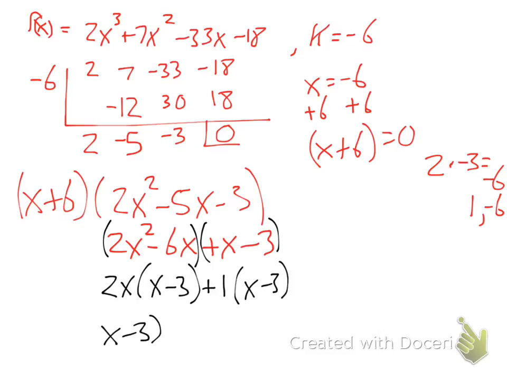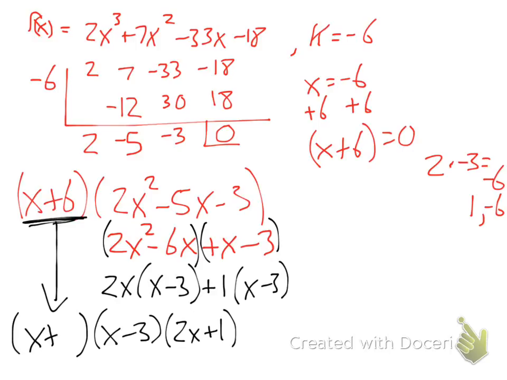So x minus 3 is common. I'm going to divide that out and push together the other pieces. And you have now just factored that inside part. Here's the thing. We did not move or touch this. That needs to go along for the ride. Those three factors are my answers.